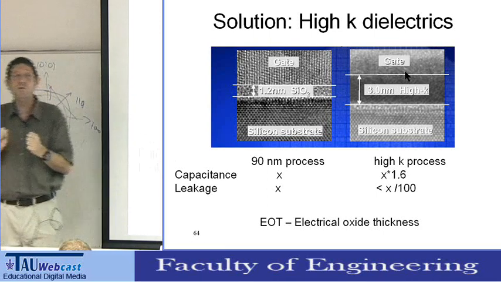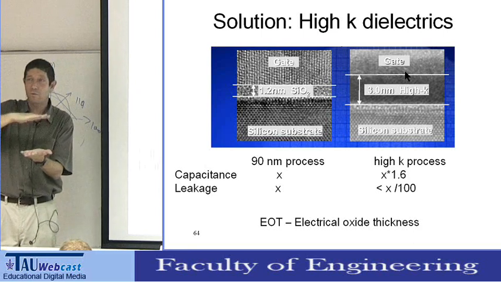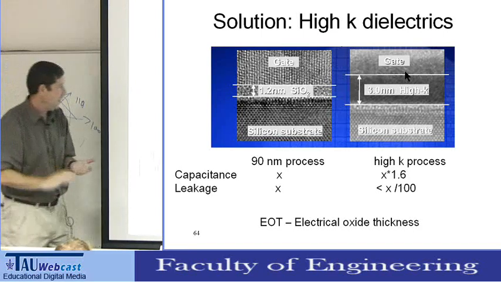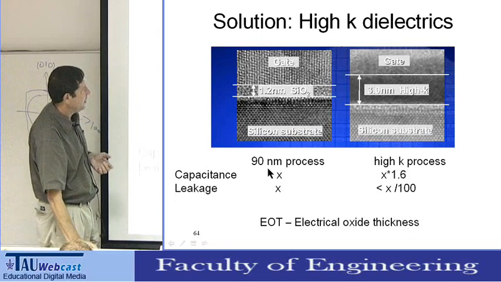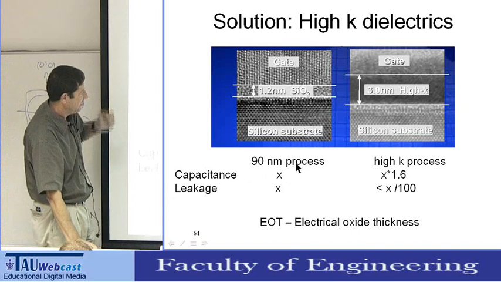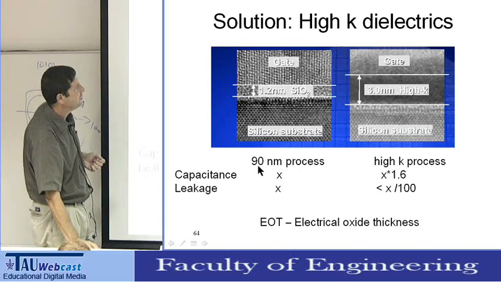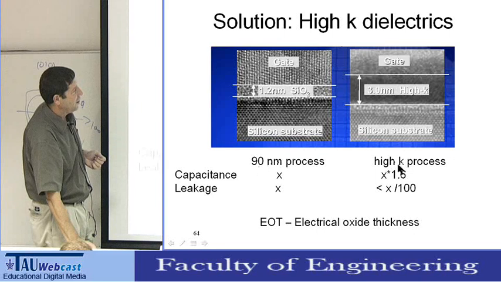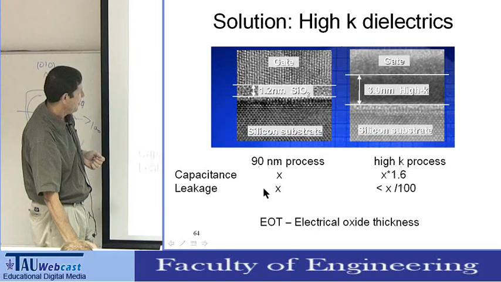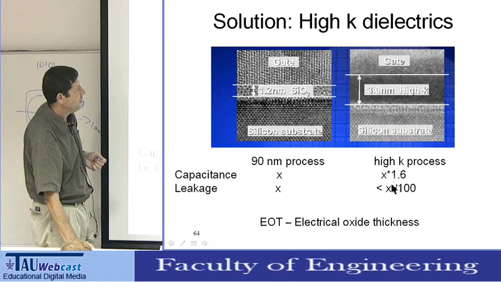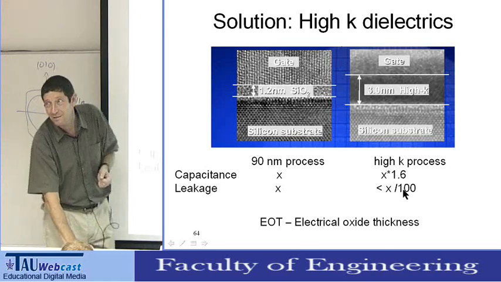So this is the way to solve the tunneling through the gate oxide in SiO2. This is the 20 nanometer process, which is very old, maybe 4 years old. You get a high K process. The capacitance increases by 1.6, but the leakage is 100 times less.